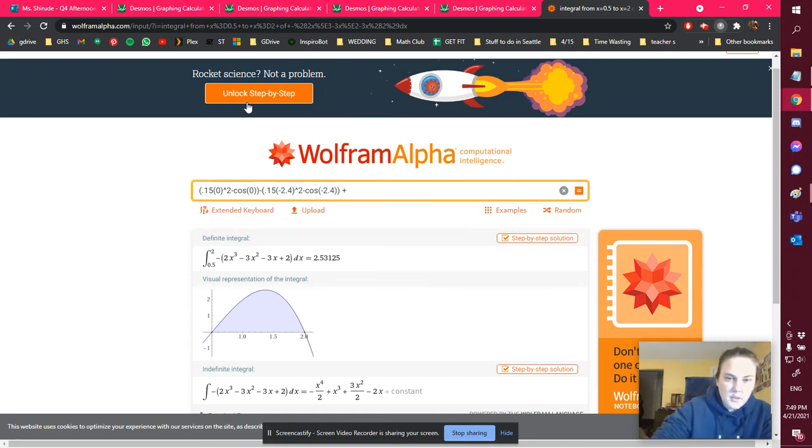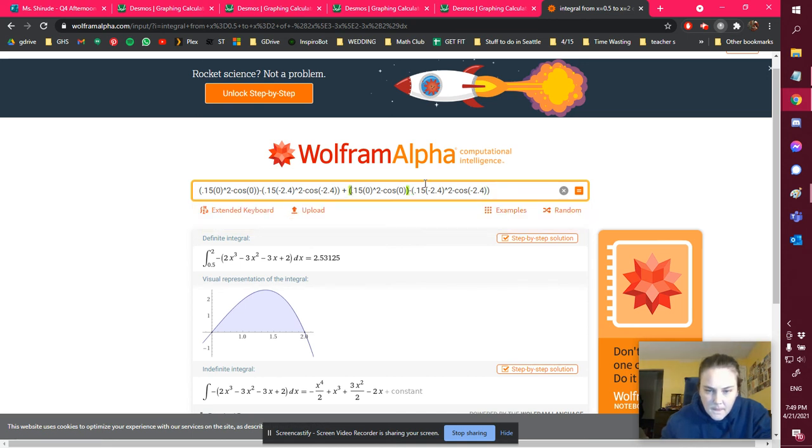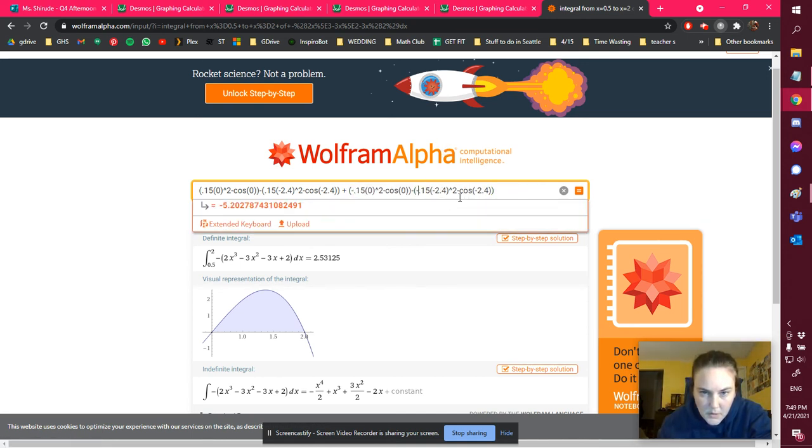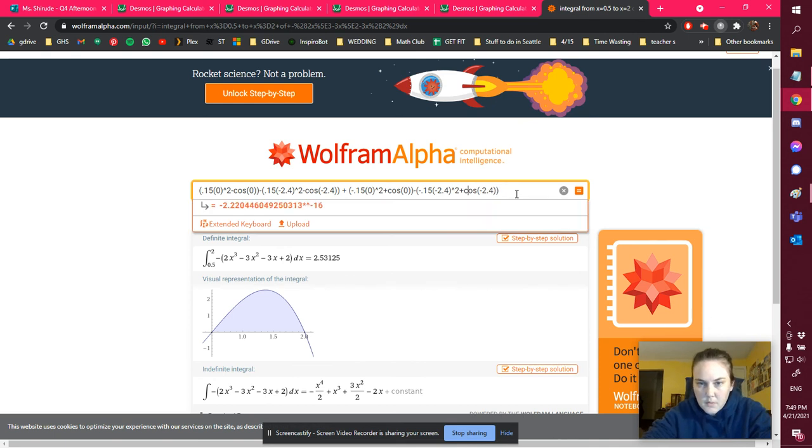And we want to add this to the same thing, but all of them are negative. So over here, this is now the negative version. This is now the negative version. This becomes a plus. This becomes a plus. I could have done this better. This is a 0. This is a 0. This is a 2.4. This is a 2.4.